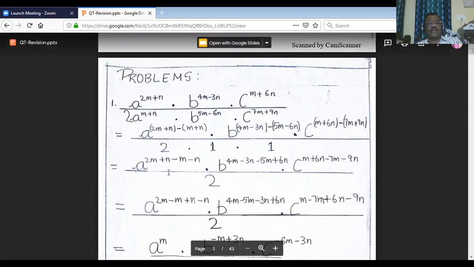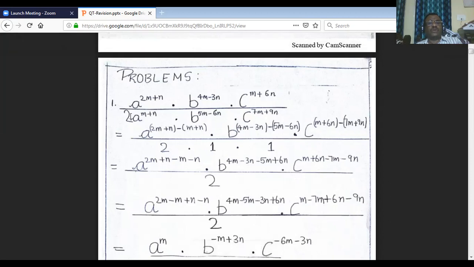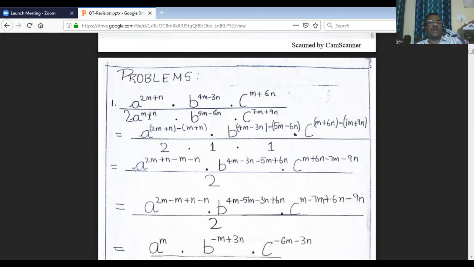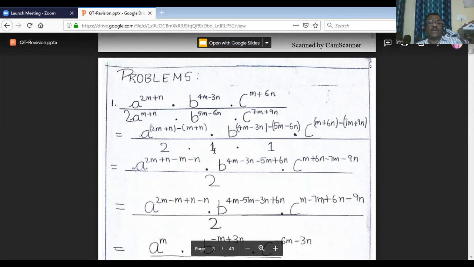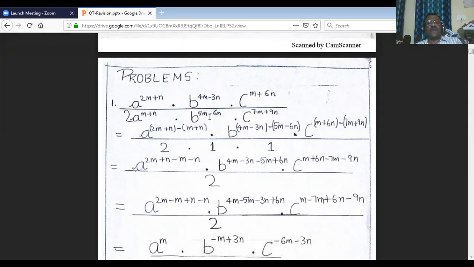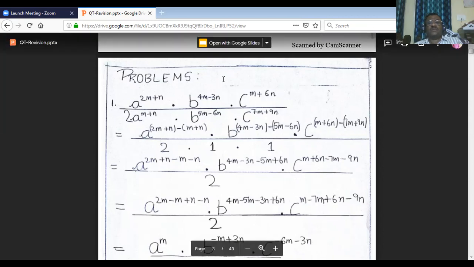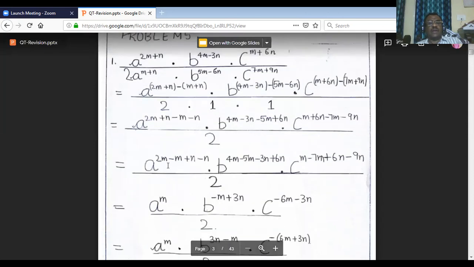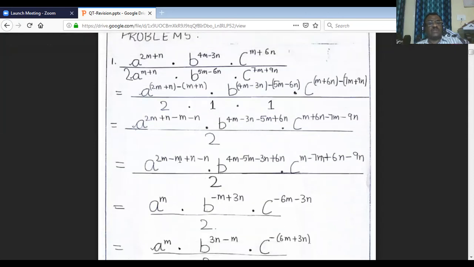Now in the denominator you will have only 2 into 1 into 1. Here 2 is the coefficient of a power m plus n, and 1 is the coefficient of b power 5m minus 6n. If you simplify the numerator, a power 2m minus a power m is a power m, because plus n minus n gets cancelled.